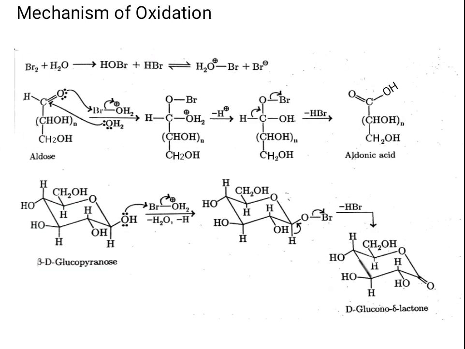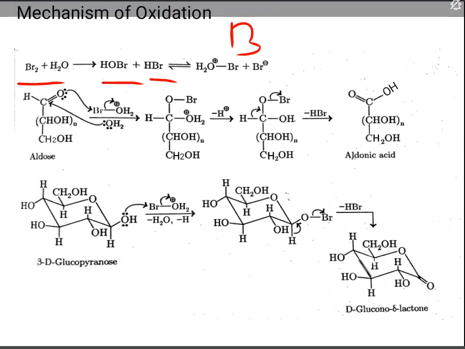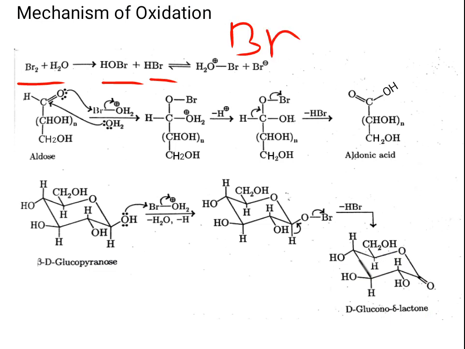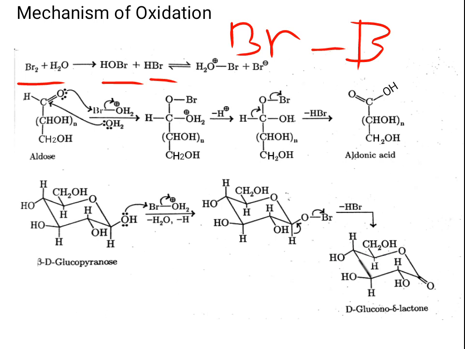Now see the detailed mechanism of oxidation. You have bromine water. That means bromine water is HOBr plus HBr. You know bromine can just break. If you take this Br2, after heterolytic cleavage, one will become Br minus, another will become Br plus.